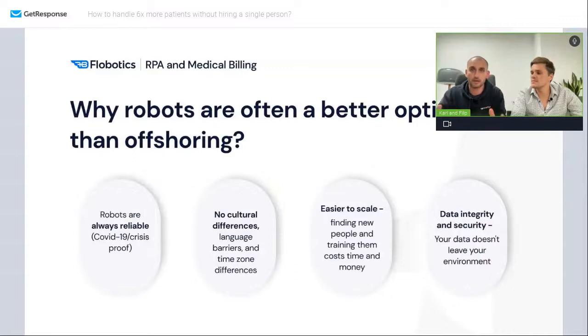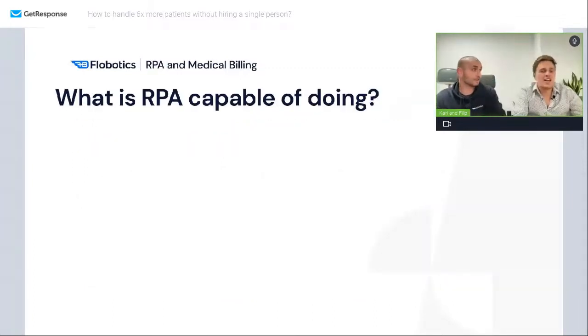Everything stays with you. Humans are intrinsically prone to errors, either by accident or deliberately, which can lead to problems. I guess robots also don't have any interest in stealing or even seeing your data, because why would they? I haven't met one yet.